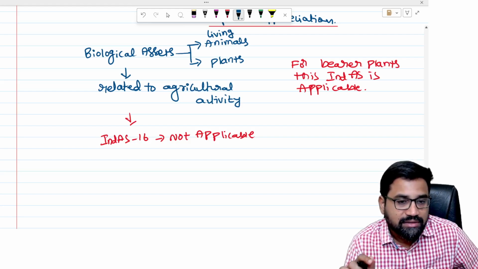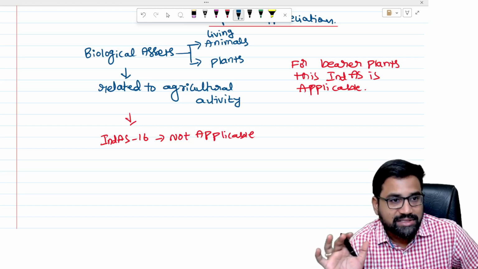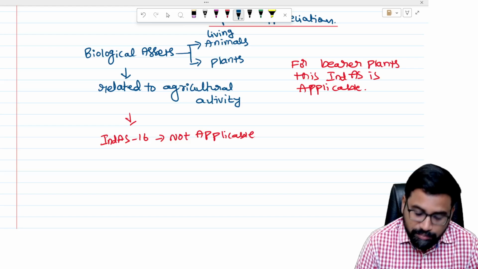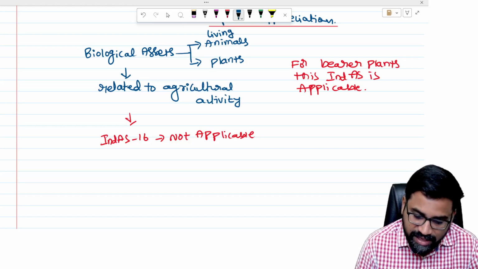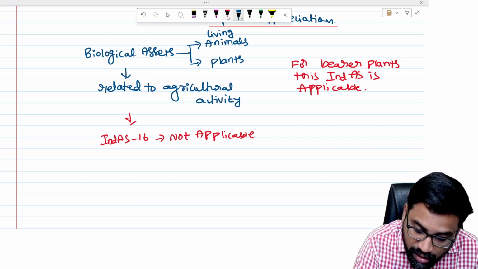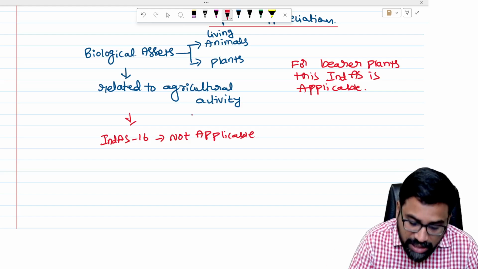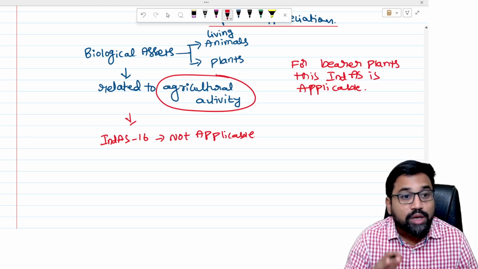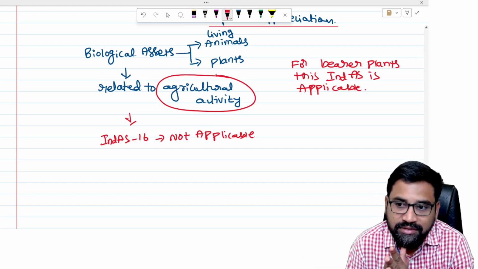Plants means trees, different plants. Animals, you know. Living animals or plants are called biological assets. Not all kinds of animals and plants, only those related to agricultural activity. Please understand, only relating to agriculture activity.